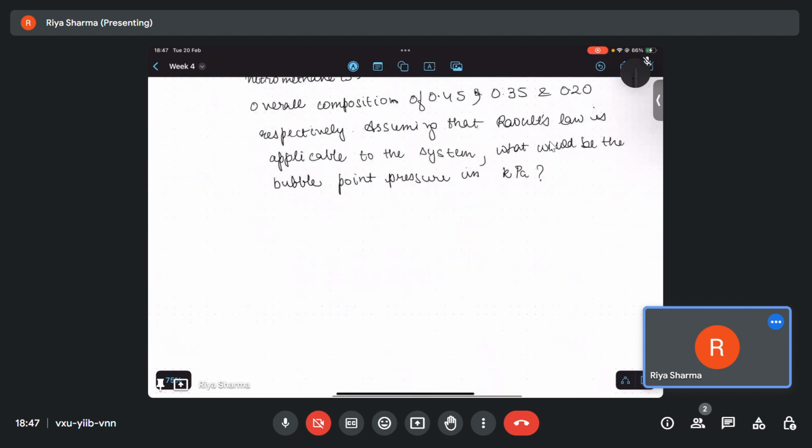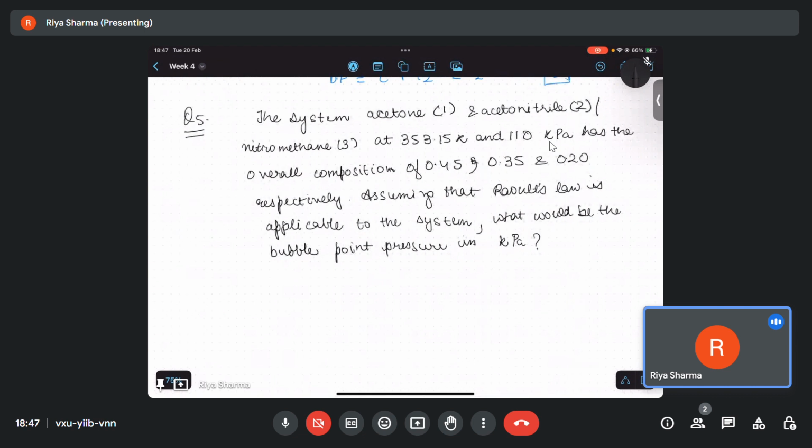Okay, so this is the question, that there is a system which consists of acetone, acetonitrile, nitromethane at 353.15 Kelvin and 110 kilopascal, and it has the overall composition of 0.45, 0.35 and 0.2 respectively, assuming that Raoult's law is applicable to the system.